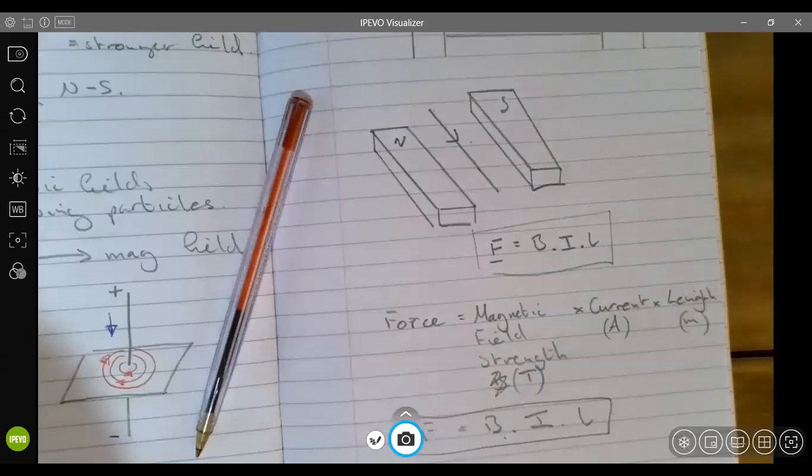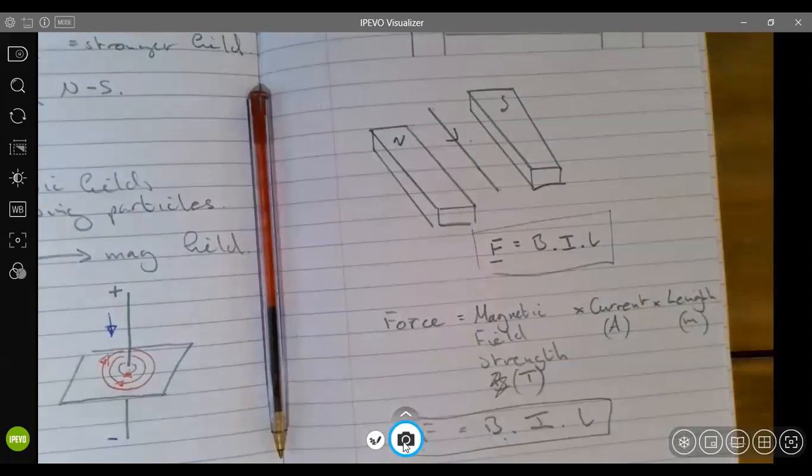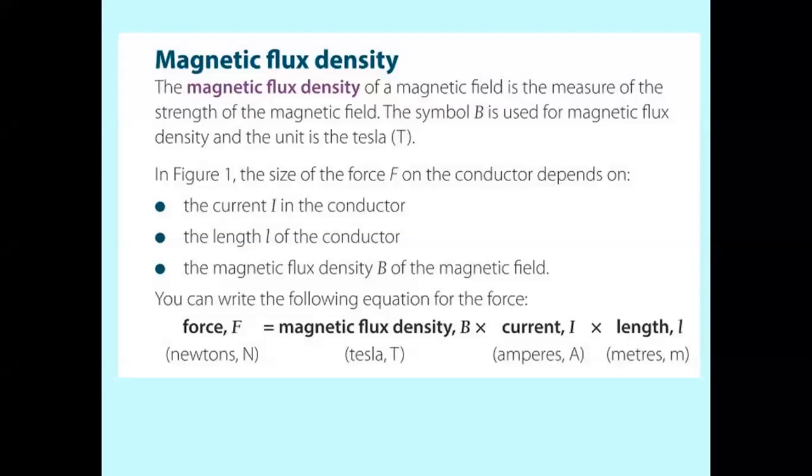What this means is we can use this equation to calculate the force acting on the wire, how much movement we get.